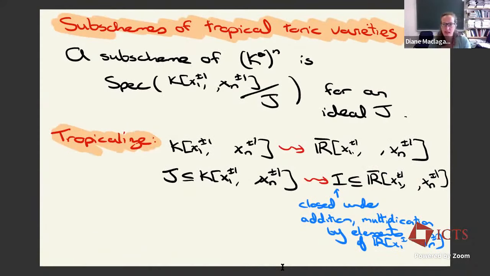So let's come back now to the main theme. This is meant to be about how we're going to define subschemes of tropical toric varieties.